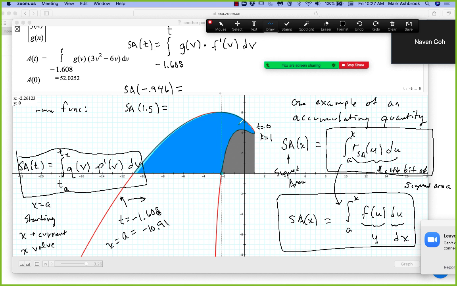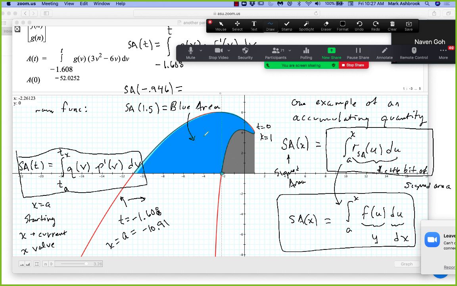Yeah, right, this blue area, right? So now the signed area function will give just the value of the area of the blue function above the x-axis, kind of inside the curve. Because when we started coming back this way, dx was negative and all this gray got subtracted out. So this will be the blue area, or the area of the aardvark's head.